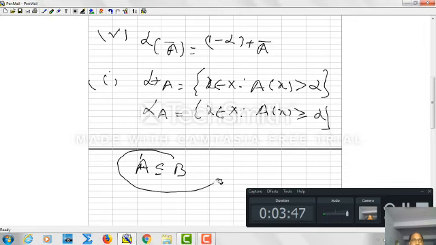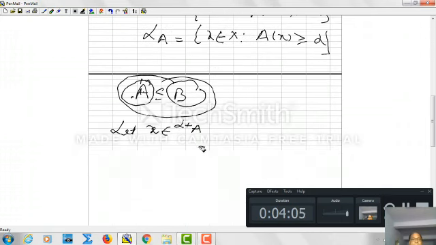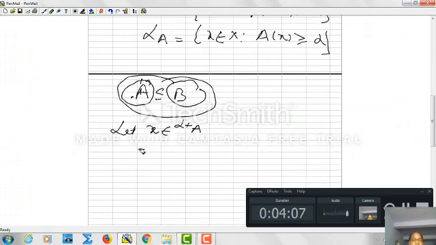So how do we prove this? We take any element of this set: let x belong to this one, then we want to show that x also belongs to this one. So let x belong to the strong alpha cut of A, then by definition this implies A(x) is greater than alpha, and we know that greater than alpha can be written as greater than or equal to alpha.